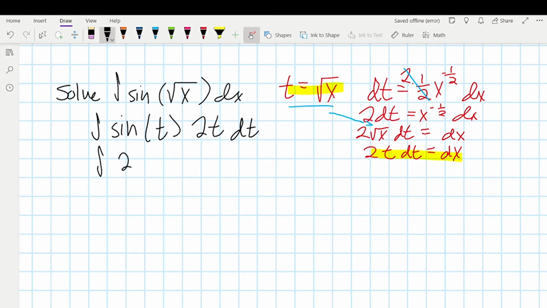I'm going to rewrite it as 2t sine of t dt. And so I know I still can't integrate this, but I do see that we have 2 factors here, so I'm going to try an integration by parts. And to do this, you need to know the equation uv minus the integral of v du.